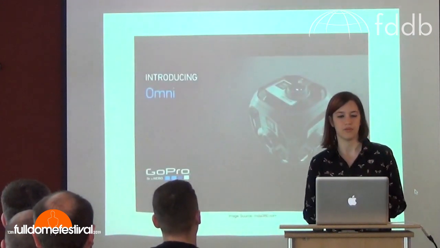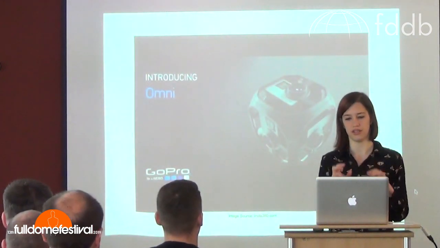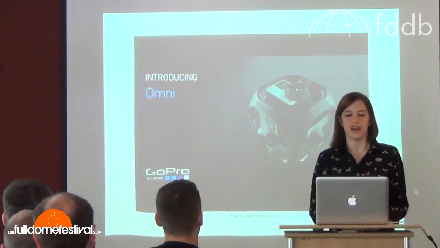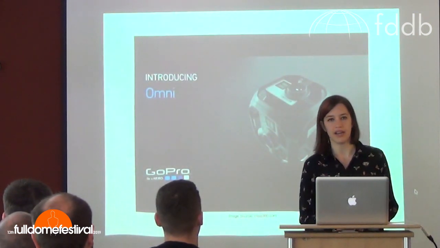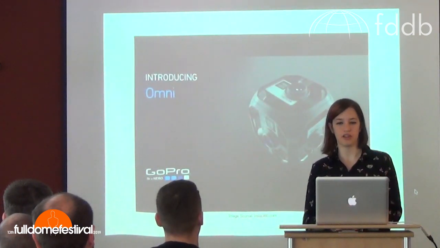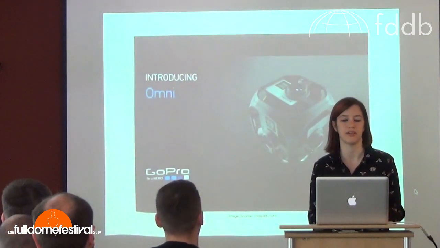But before that, we were working with the GoPro Omni Rig, which has 6 individual GoPro Hero 4 cameras. With this camera it was still tricky to record, because you didn't have an immediate preview of what you were filming.